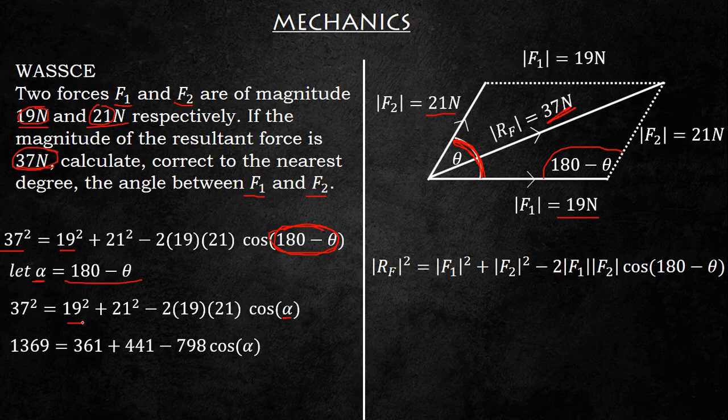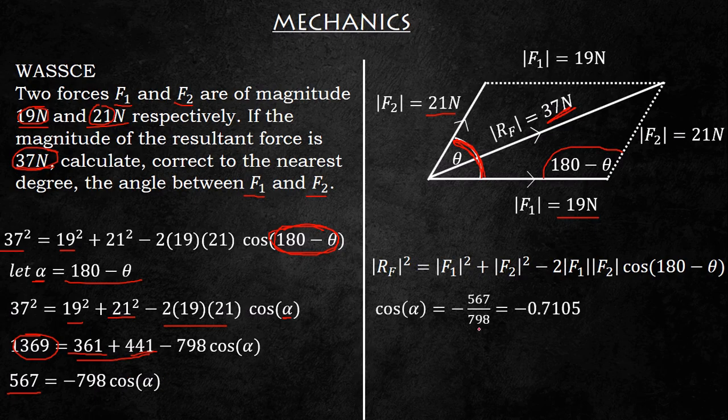Now 19 squared is equal to 361, 21 squared is equal to 441. Then I multiply to get 798. Now I put this together, and when I take it to the other side to subtract, I'm going to get 567. That is equal to negative 798 cos alpha.